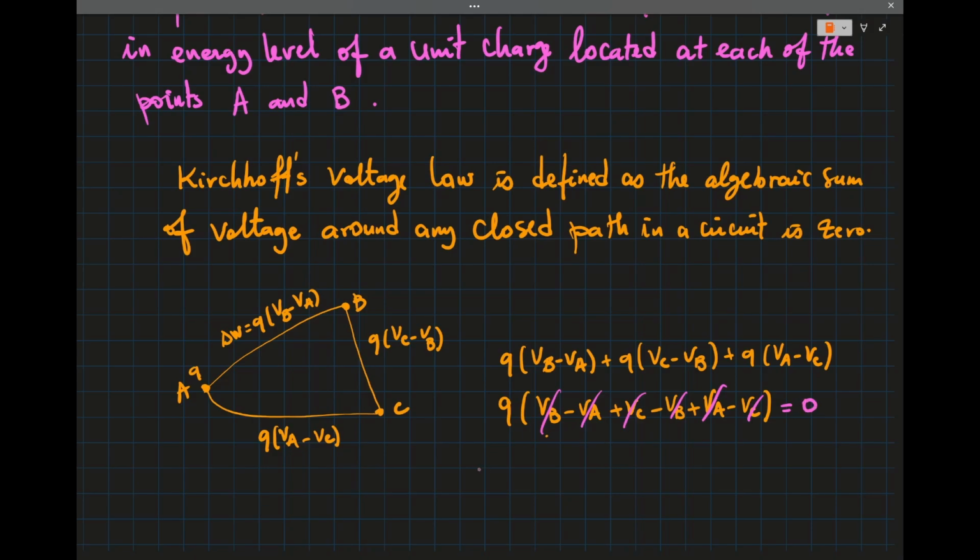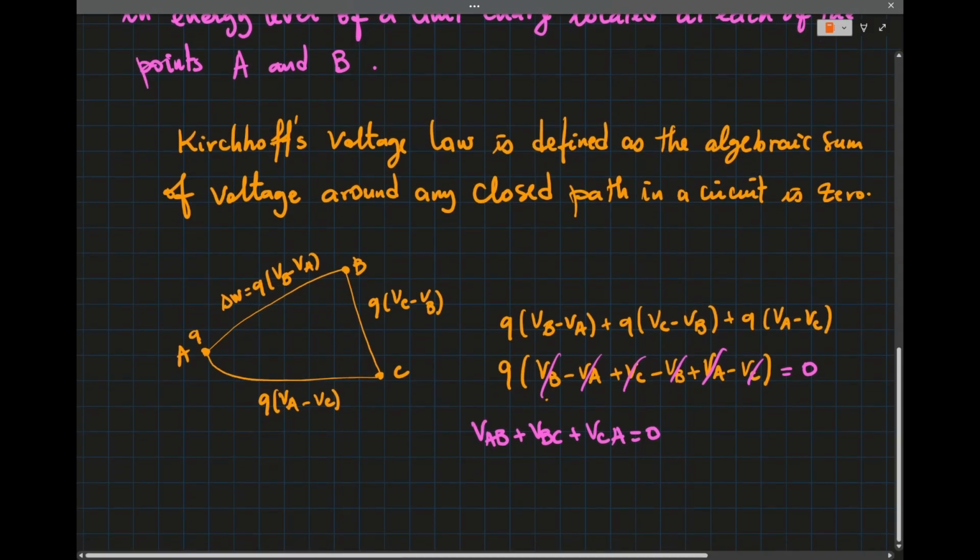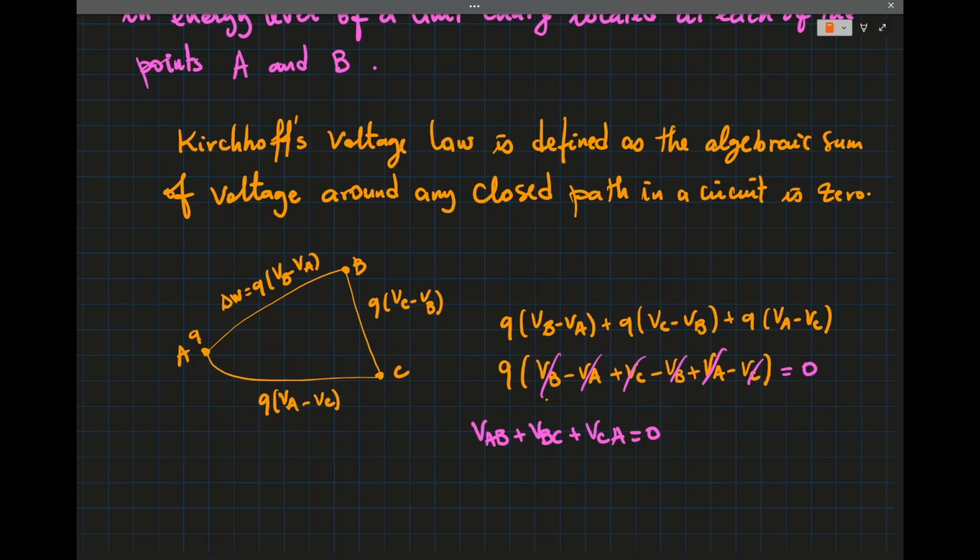That means VAB plus VBC plus VCA is equal to 0. So that's what we indicated above, and I used the energy to justify that.